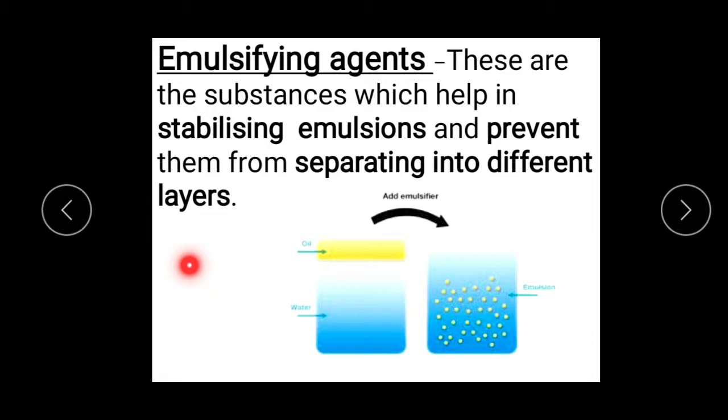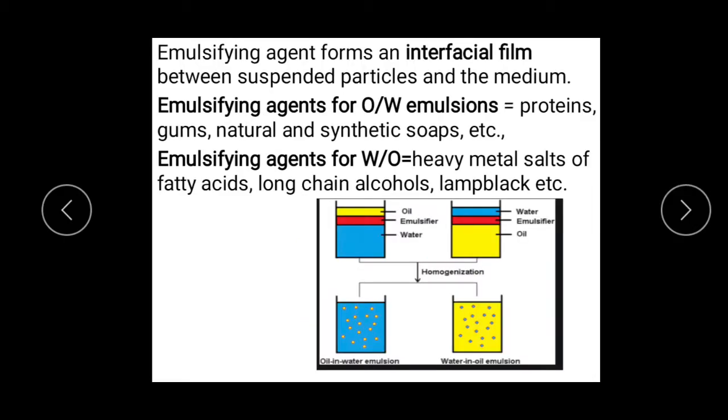Small quantities of certain substances are added to emulsions during their preparation, and these substances are called emulsifiers or emulsifying agents. So here you can see oil and water separated into layers, addition of emulsifier or emulsifying agents, and stabilization of the emulsion.